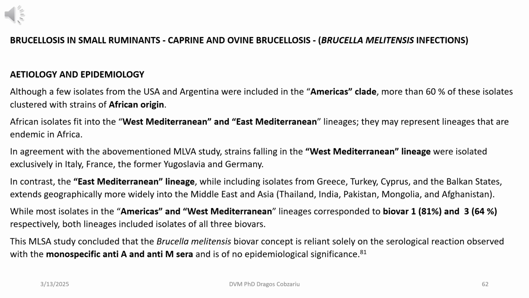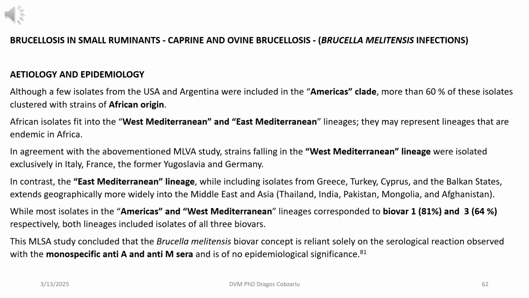Although a few isolates from the USA and Argentina were included in the Americas clade, more than 60% of these isolates clustered with strains of African origin. African isolates fit into the West Mediterranean and East Mediterranean lineages. They may represent lineages that are endemic in Africa. In agreement with the above-mentioned MLVA study, strains falling in the West Mediterranean lineage were isolated exclusively in Italy, France, the former Yugoslavia and Germany.